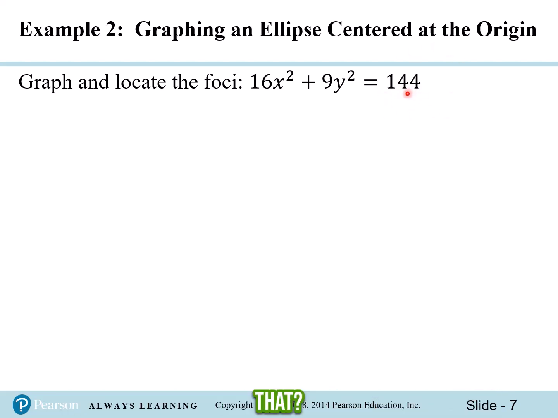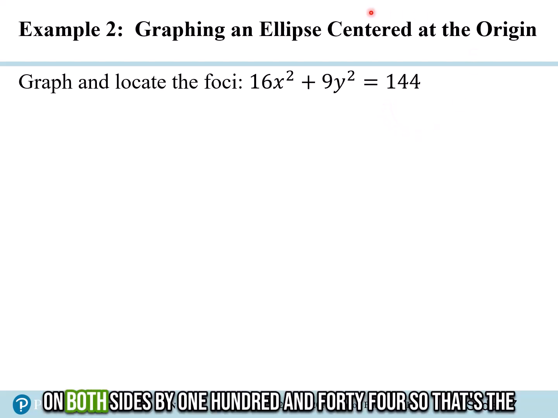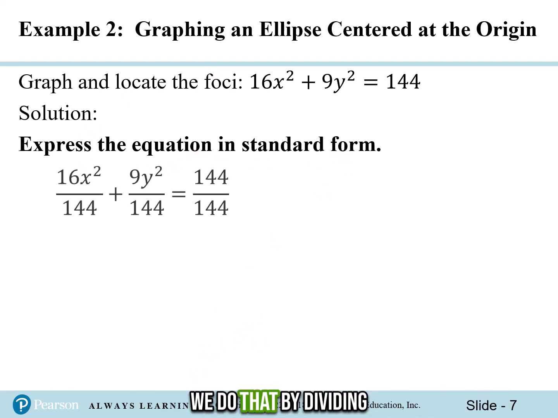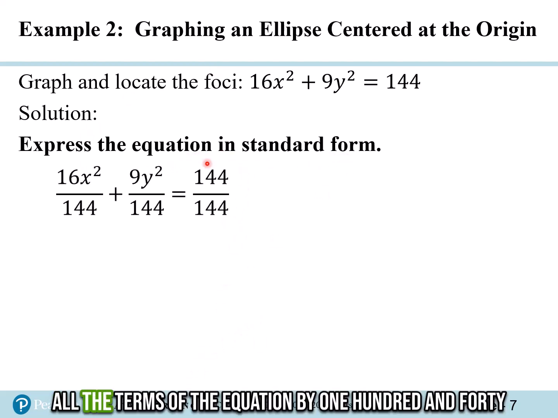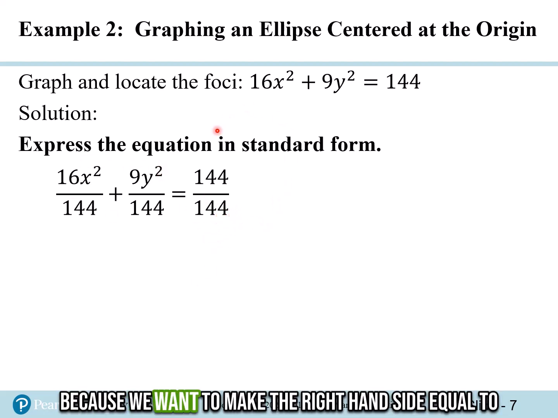How can we do that? Divide all the terms of the equation on both sides by 144. So that's the first step. It says express the equation in standard form. We do that by dividing all the terms of the equation by 144. Why did we choose 144? Because we want to make the right-hand side equal to 1.